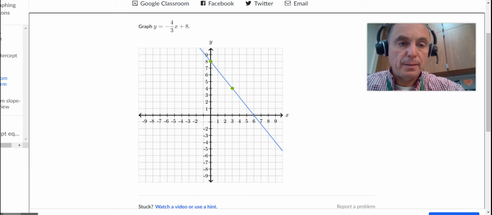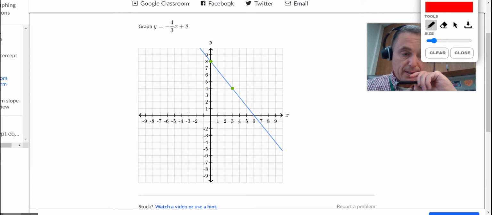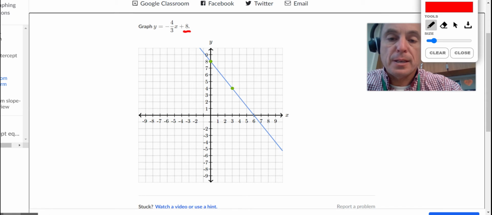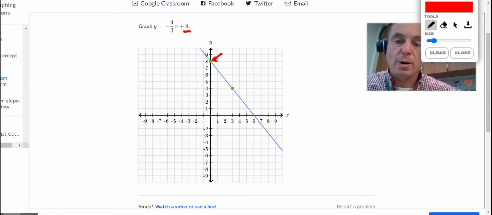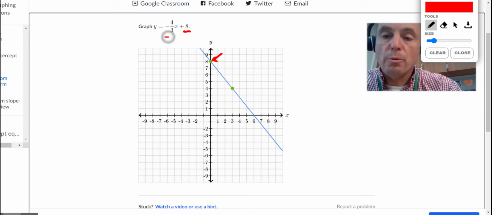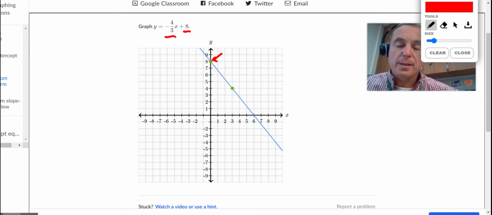Let me see if I can get a pen. I think I can get a pen. So this is my y-intercept right there. This tells me where to start. So I start at y equals 8. This is the slope right here. This tells me how to move from the y-intercept.